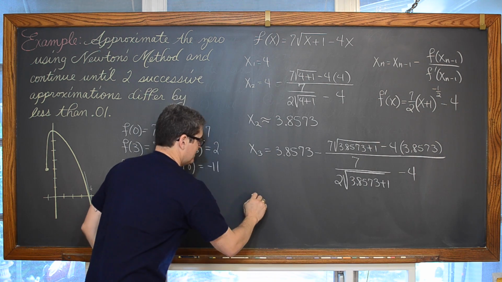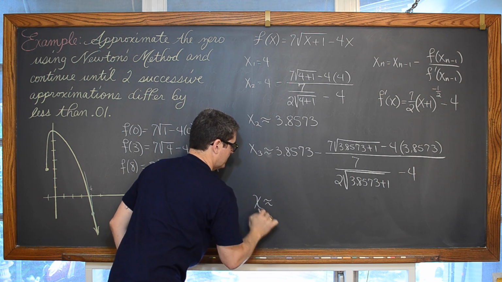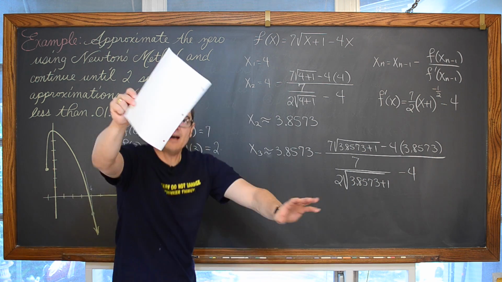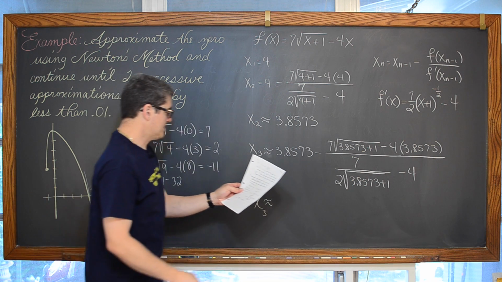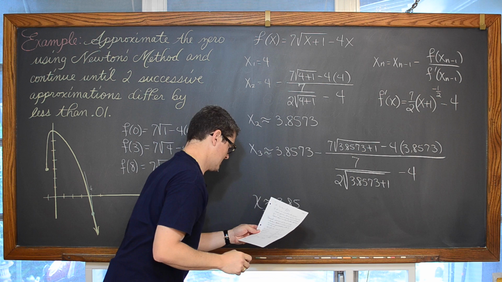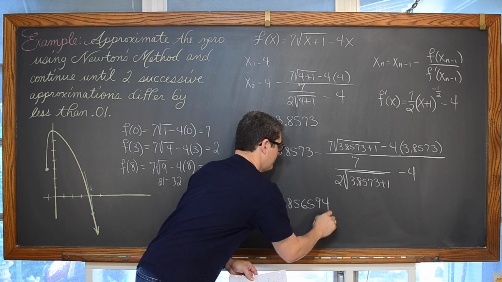And that is going to be approximately equal to x sub 3. Right off the top of my head, voila! That comes out to be 3.856594. Just running that out.